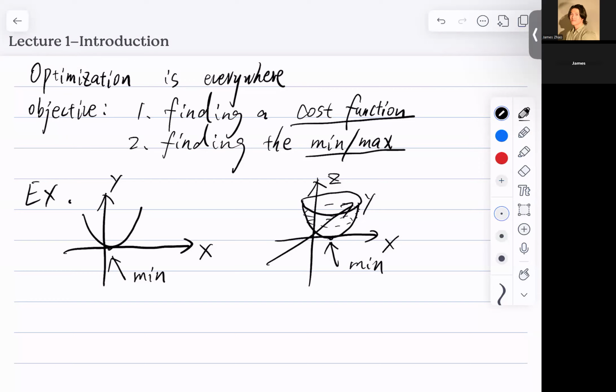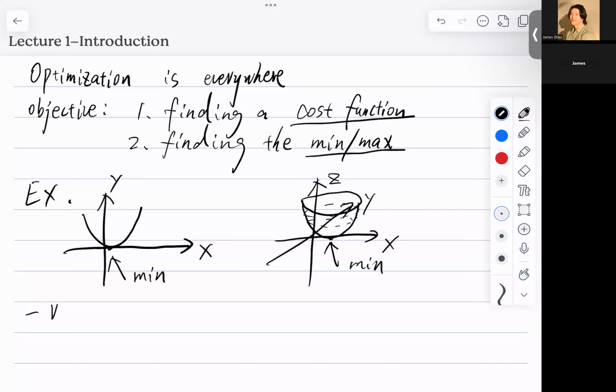And it can also be as complicated as on a surface of a particular mathematical object that looks like this bowl or something that's maybe really weird looking. And we're trying to minimize such a cost or maximize it.